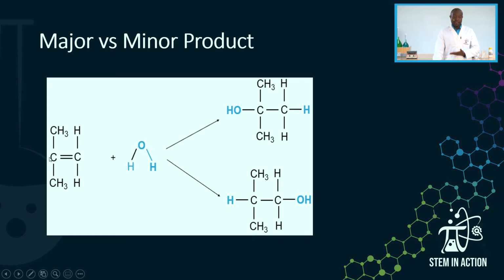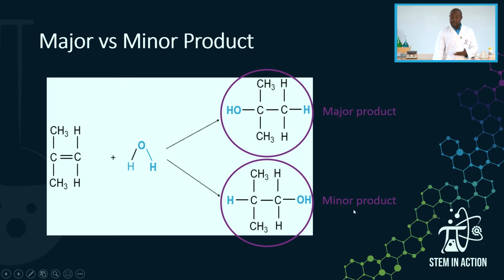What you notice is that there is preference for the OH to be added to the more substituted carbon, or the carbon that is bonded to more number of carbons, and it is this one. So we can either add it there or there, but this is our major product, meaning that when you do this reaction, you are going to form more of this product than that product, which is our minor product.